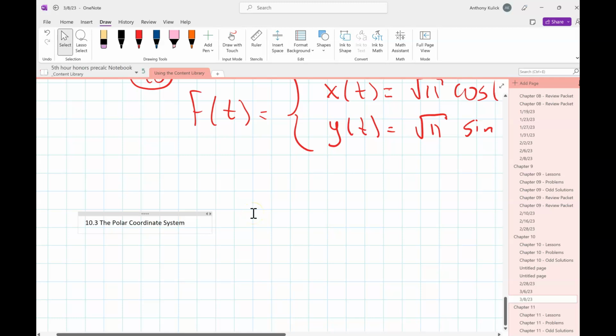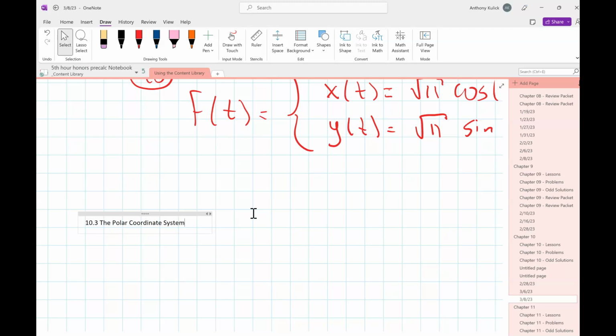All right. So this chapter is divided up into two parts. The first part was talking about parametric functions. The second half is going to be talking about polar functions. Before we can talk about polar functions, though, we have to talk about the coordinate system.